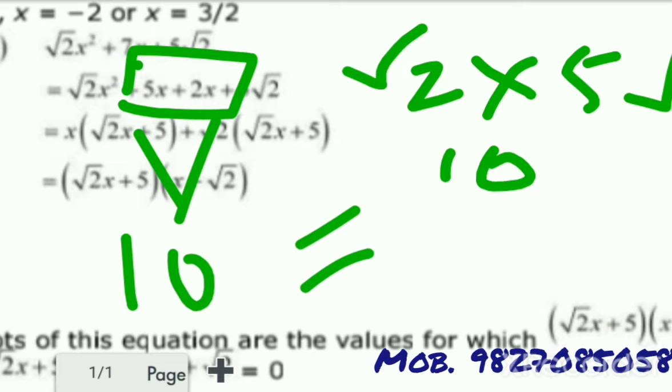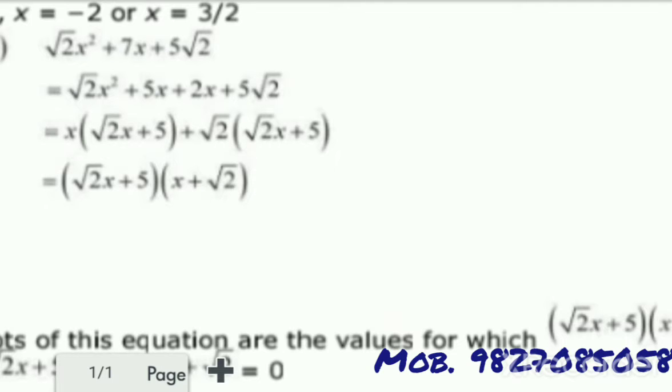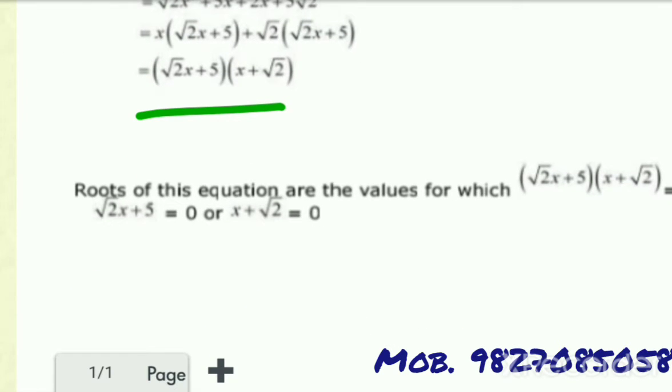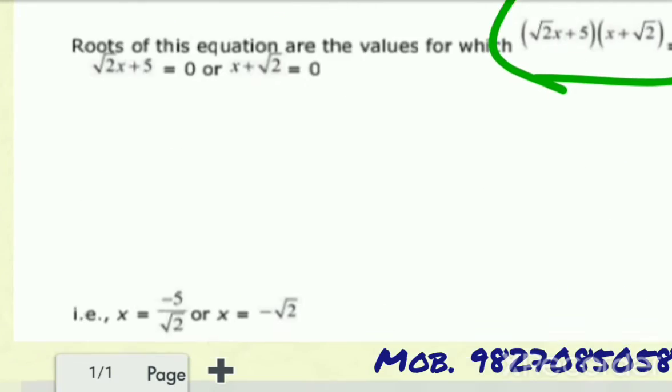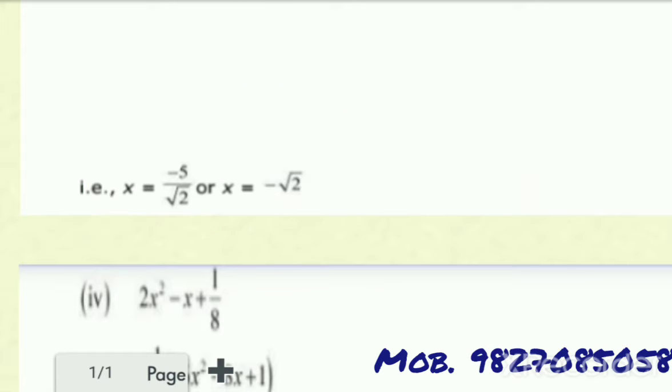Both are equal, so this is splitting the middle term. Now solving for x as in question number 1 and 2, we get the factors, and when finding the zeros, we equate these to zero and solve for x, so we get easily x is equal to minus 5 upon root 2 and x is equal to minus root 2.